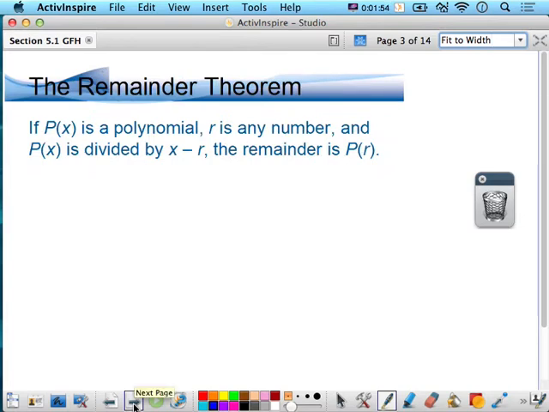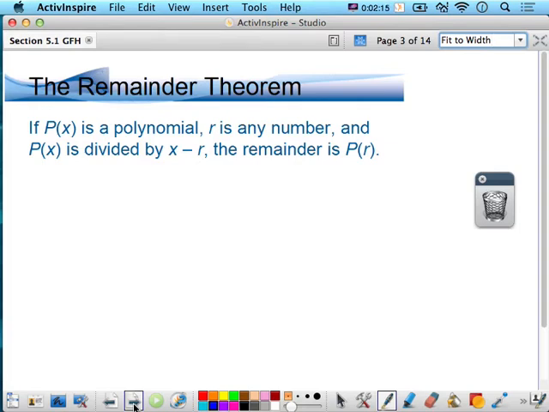So the first thing we're going to talk about in terms of the polynomial equations is the remainder theorem. The remainder theorem states that if p of x is a polynomial and r is any number, and p of x is divided by x minus r, then the remainder of that division problem has to be p of r.